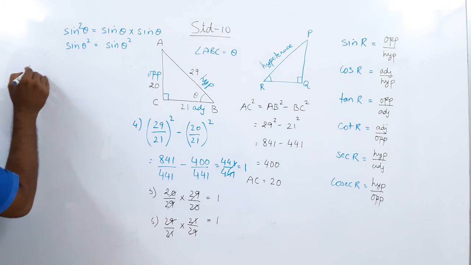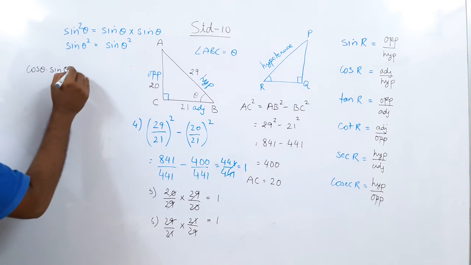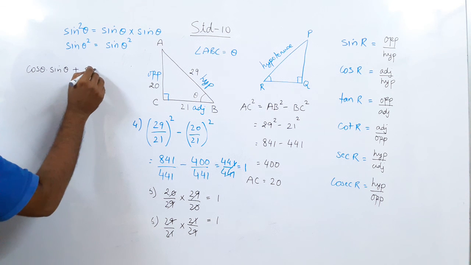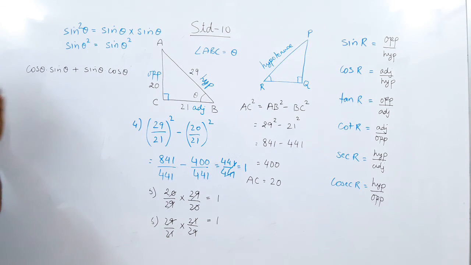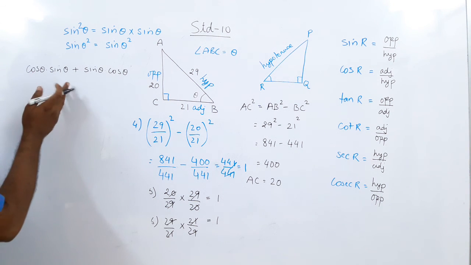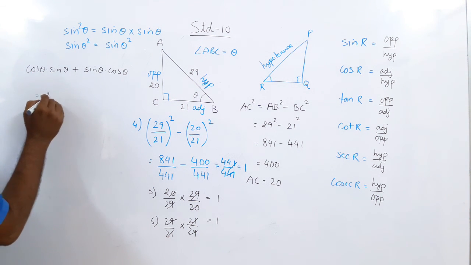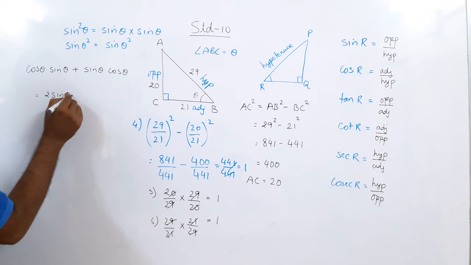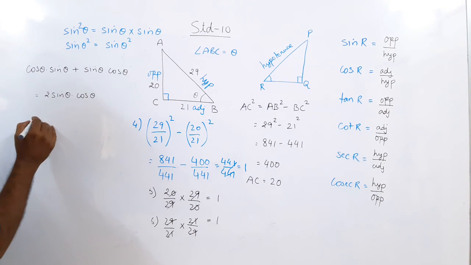Okay, let us do cos theta into sin theta plus sin theta into cos theta. So this is nothing but, I have just written it the other way round, cos theta into sin theta plus sin theta into cos theta. We can write 2 sin theta into cos theta. Can I? It is the same thing. So how do you find this?